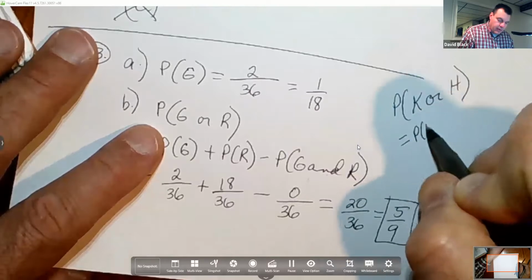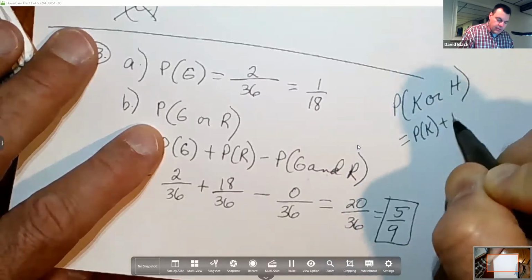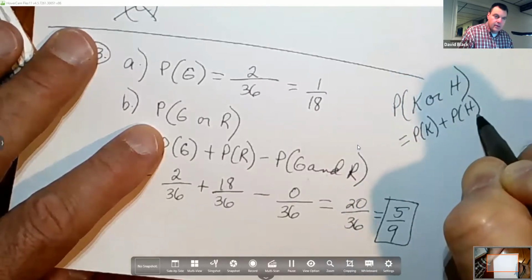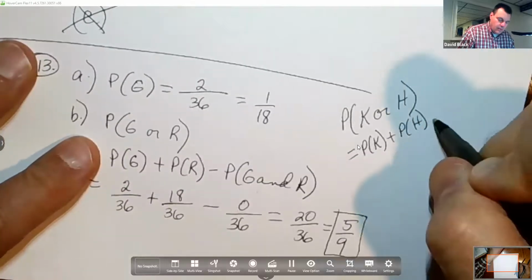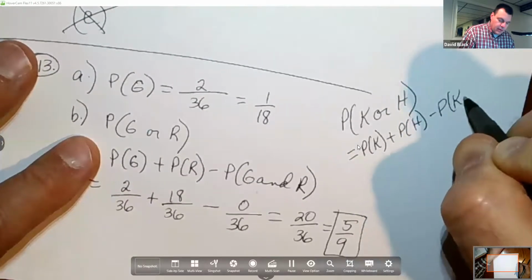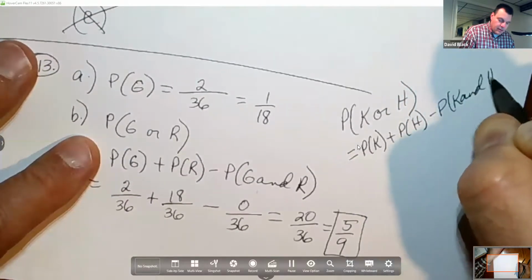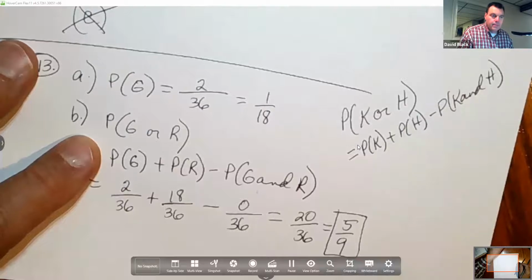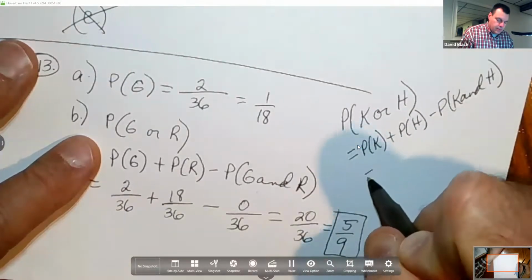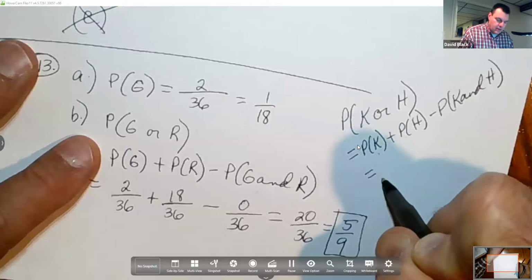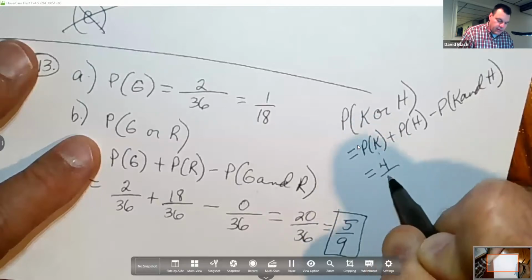Well, that'd be probability of king plus probability of heart minus the probability of getting both a card that is king and heart. And of course, there are 4 kings, so the probability of getting a king is 4 out of 52.